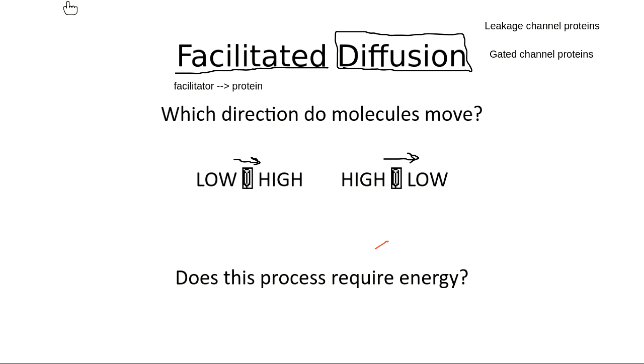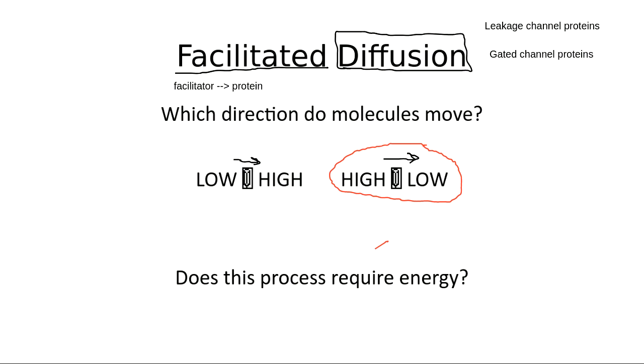When I do diffusion, which way do things move? A couple of us are scared to vote. I promise that it is as simple as you think. Diffusion is when we go from high to low.